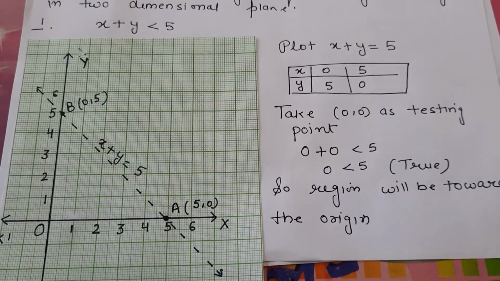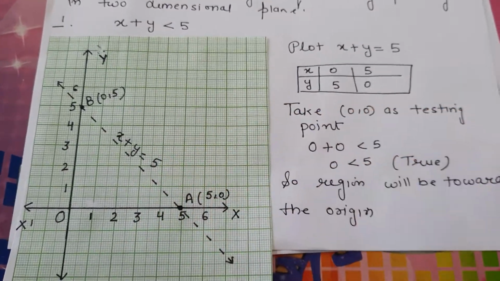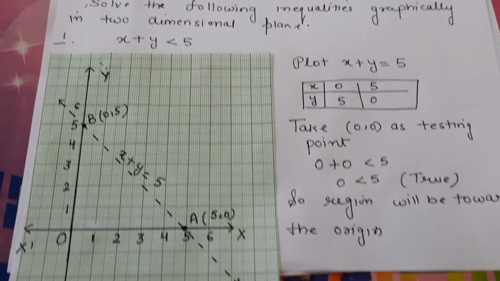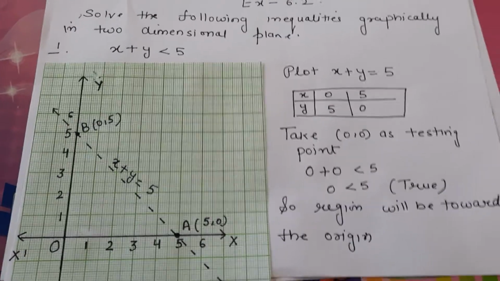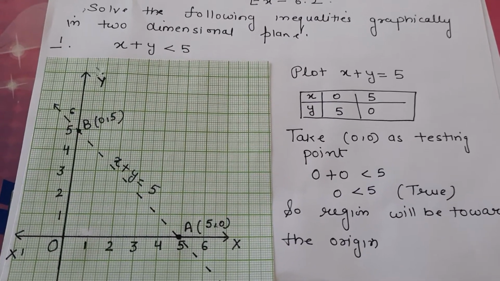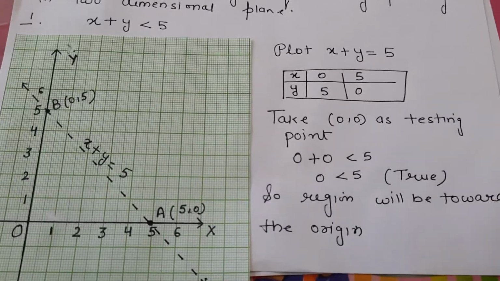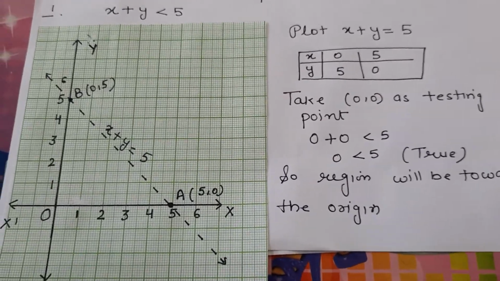I am again repeating, the lines which are not passing through origin, for such lines we are going to take origin as testing point. If origin is satisfying the condition, then the region will be towards the origin, and if origin is not satisfying the condition, region will be away from the origin.